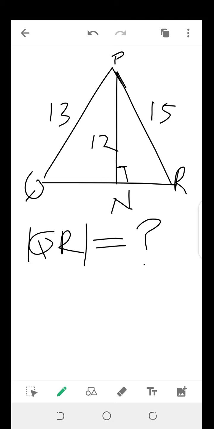We can find QR by finding QN and then adding it to the magnitude of NR. QR is this line to this line.